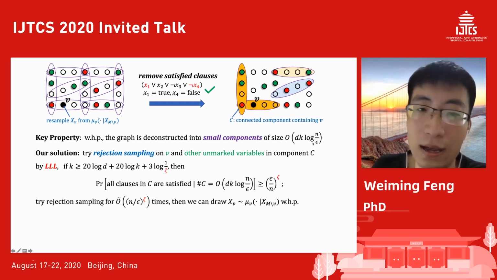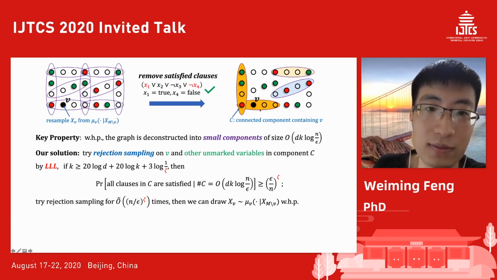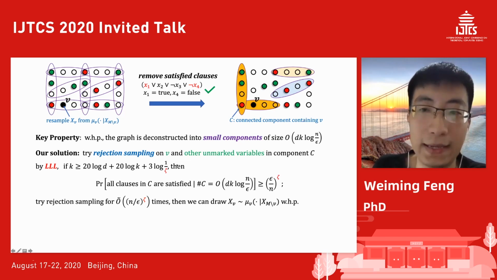However, if we use the brute force algorithm in this connected component, we enumerate all the assignments in this connected component. Since there are O(dk log n) variables, the running time will be n to the poly(dk), which is too slow. So instead, we use rejection sampling on the connected component C.